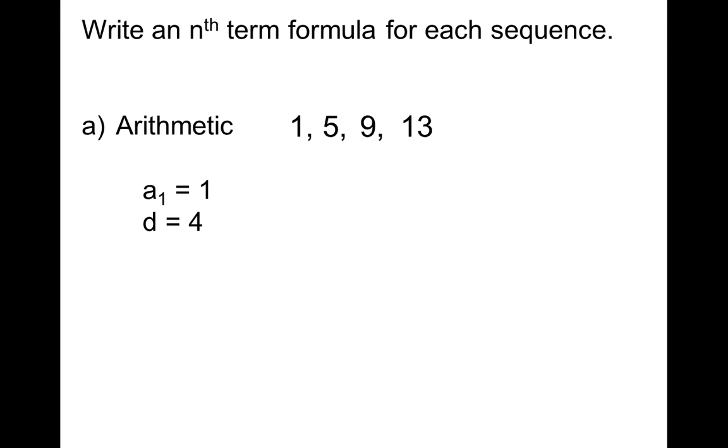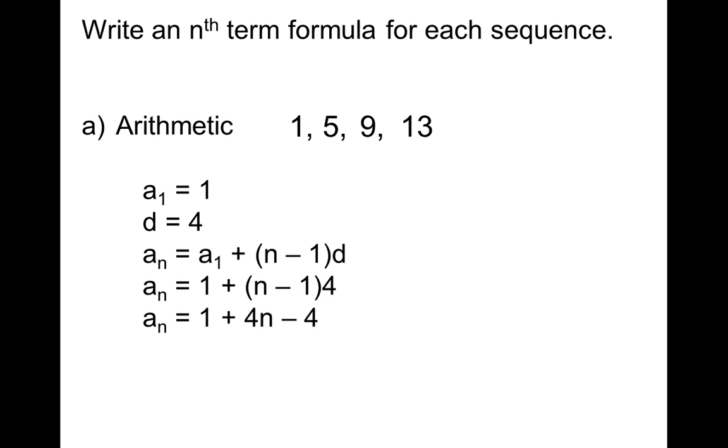So in general, the nth term formula for an arithmetic sequence is: start with the first term, a sub 1, plus add that common difference, d, a total of n minus 1 times. Now that is a general formula for any arithmetic sequence. For this specific arithmetic sequence, the nth term formula is 1 for the first term plus n minus 1 times 4, since the common difference is 4. And if we do a little bit of algebra here, distribute the 4 and combine the like terms, we have an nth term formula for this arithmetic sequence.